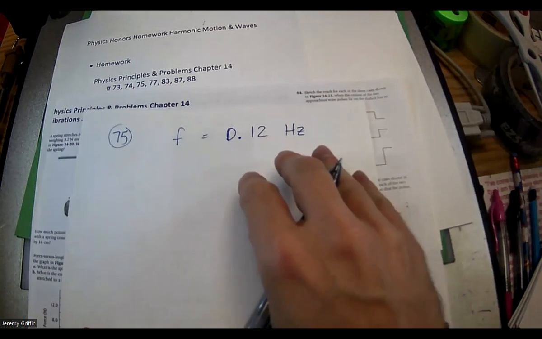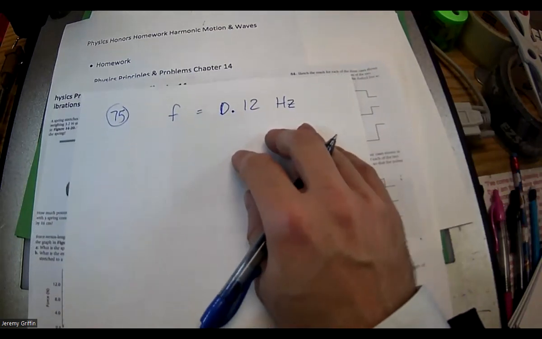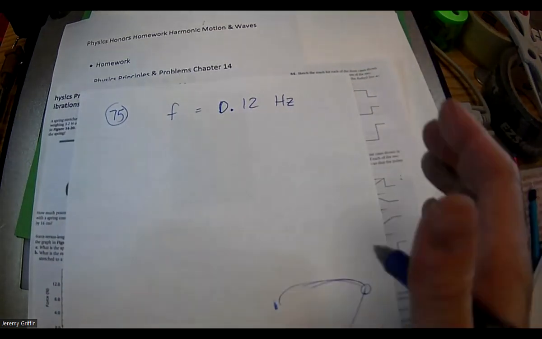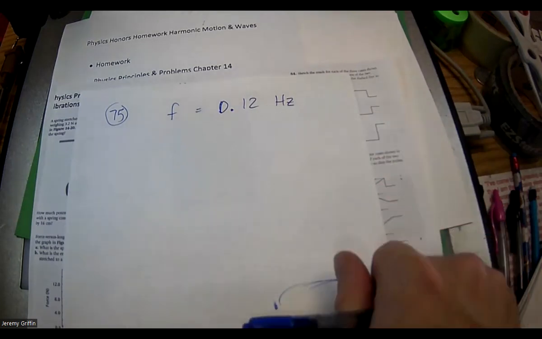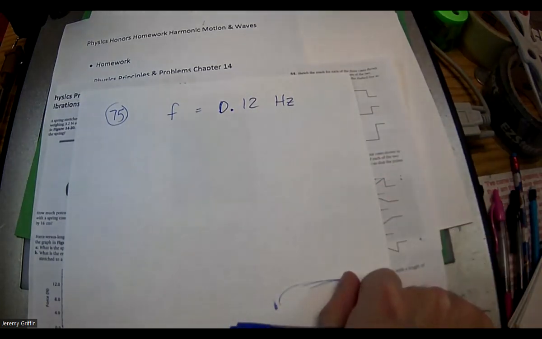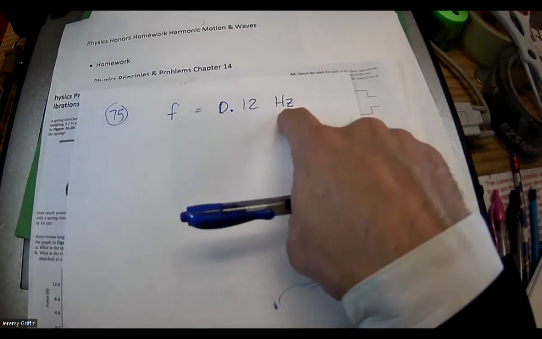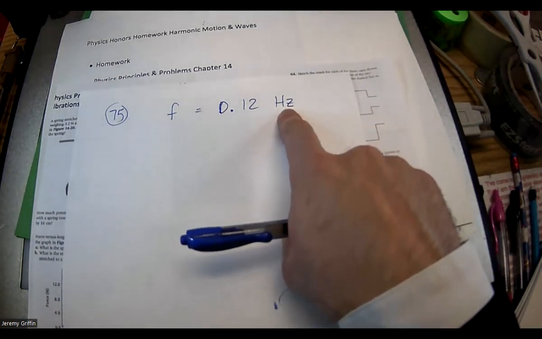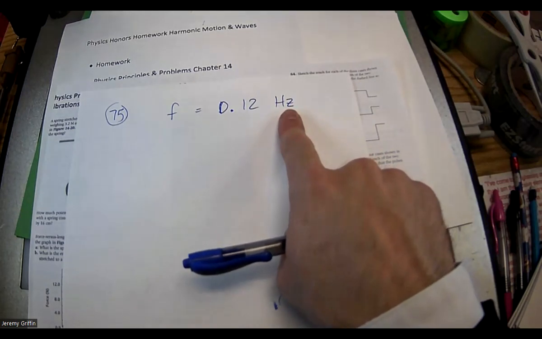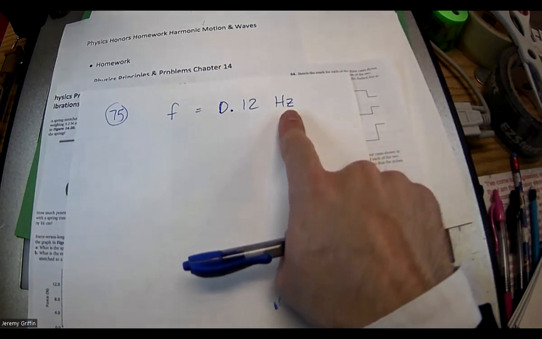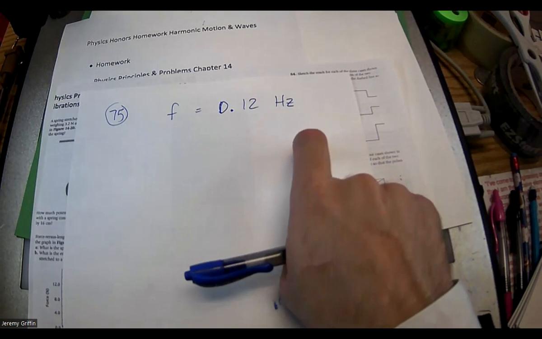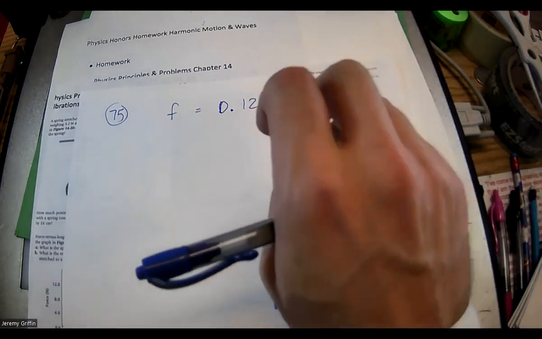Hertz is 1/seconds, cycles per second. Can you tell me how much time it takes to swing back and forth? Hertz is 1/seconds, so it's like 100/12, which would be 8.33. Bam, 8.3 seconds. Nice.